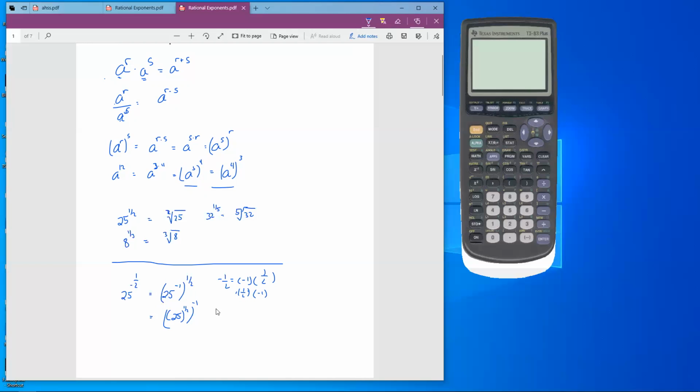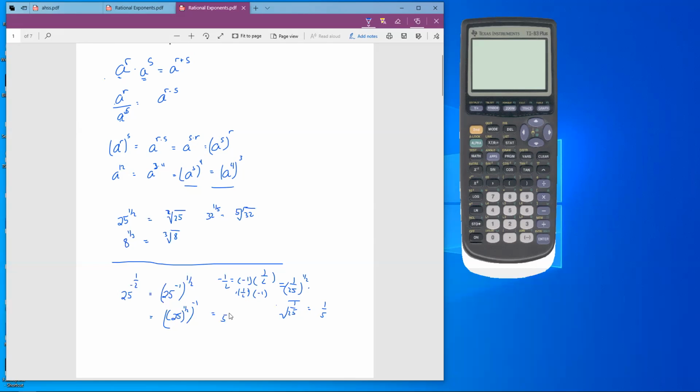However way you do that, let's go with the first row. That's going to be 1 over 25 raised to the 1/2, which is the square root of 1 over 25. The square root of 1 is 1, the square root of 25 is 5, and we end up with 1/5. We're going to get the same thing here. You take the square root of 25, you get 5.